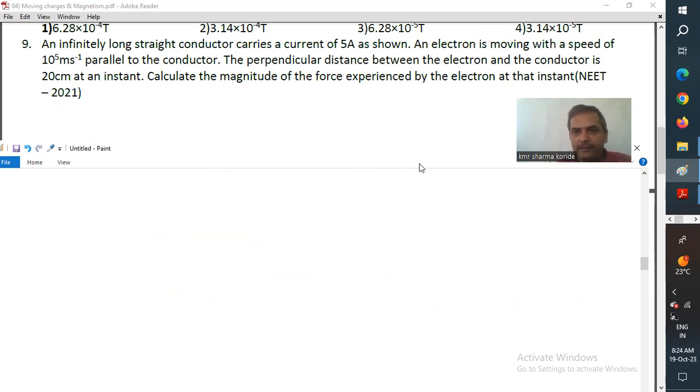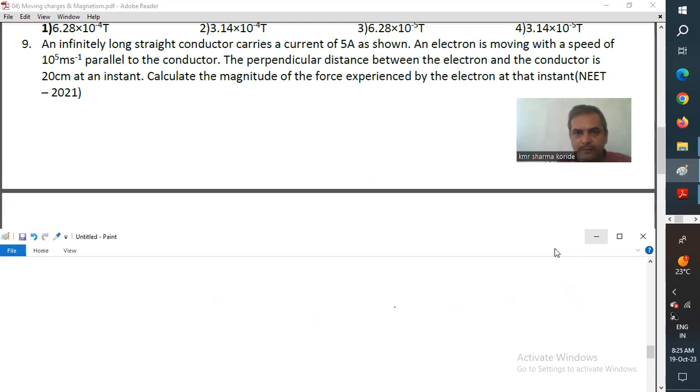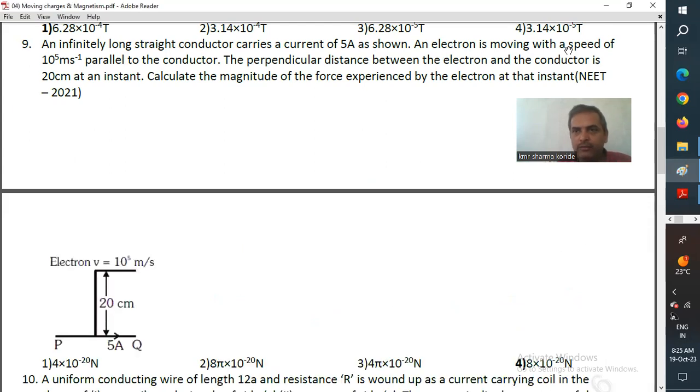An infinitely long straight conductor carries a current of 5 amperes. An electron is moving with a speed of 10 to the power of 5 meters per second parallel to the conductor.